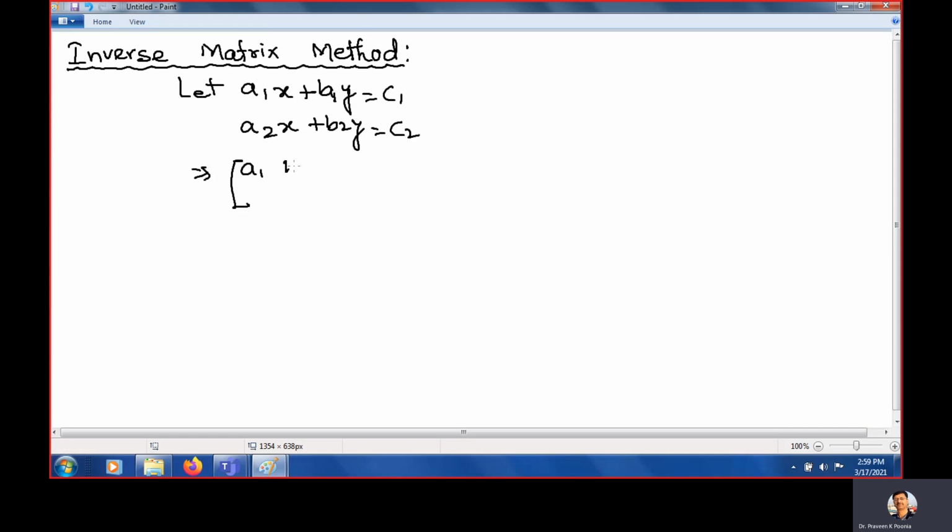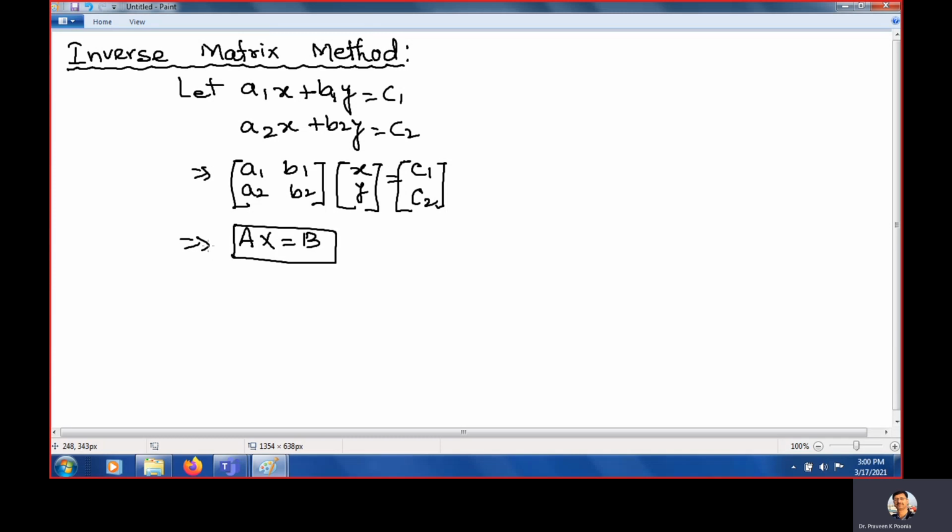So A1, B1, A2, B2, this is x, y, and this is c1, c2. Clear? Then this is Ax equals B. Now here you need to find the determinant of A. Clear? The determinant of A you need to find.